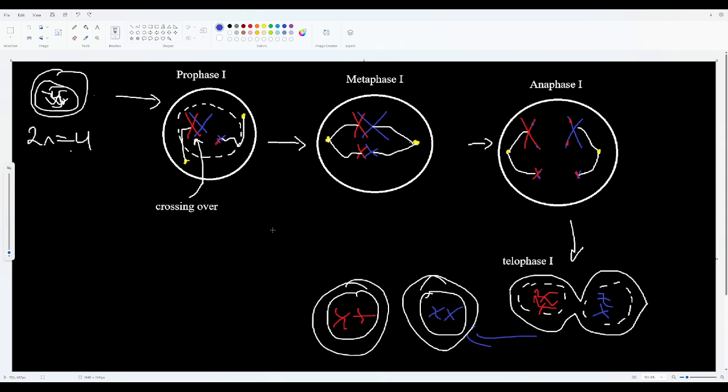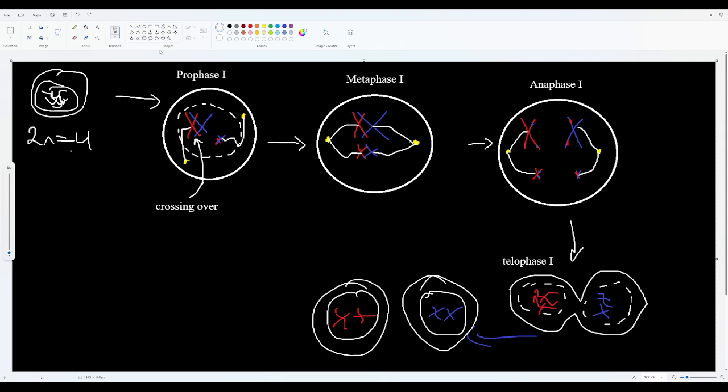So now, since the homologous chromosomes no longer exist after telophase 1 and after meiosis 1, these cells are now both n equals 2, because we split the chromosome number in half. We no longer have homologous chromosomes.